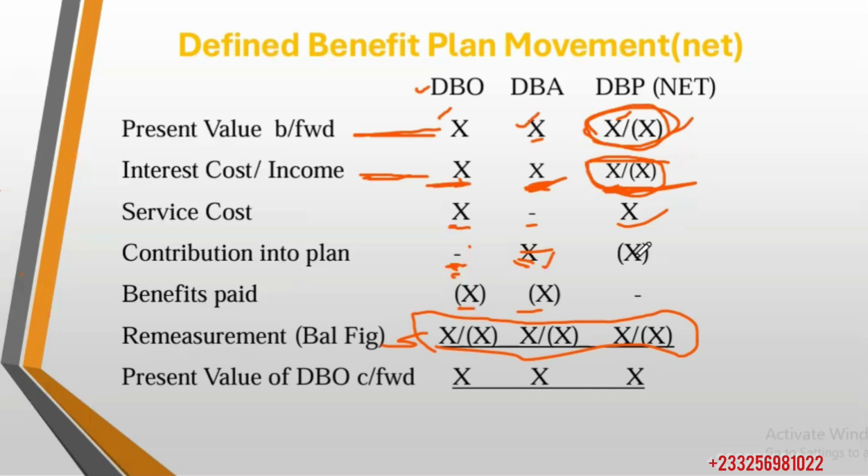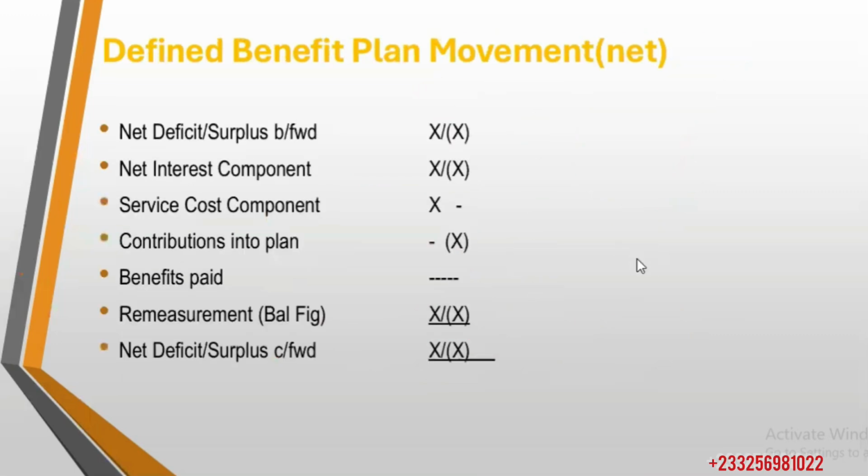So that's the net and how it works. That's the same thing here. You see here they brought net surplus or deficit here. This is we have net deficit or surplus. Then they brought the figure here. If it is deficit, that is a liability. The net's a liability, and you apply the interest rate on it.